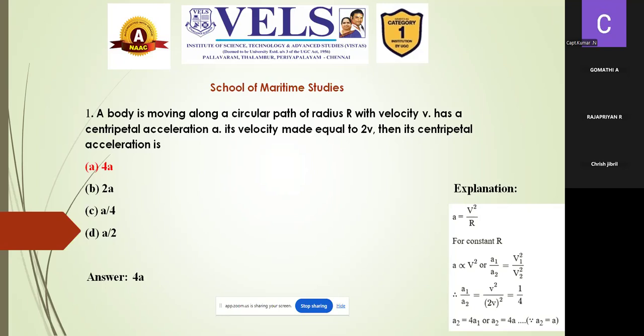So a2 is equal to (2v) square by r. Now we find the ratio between a1 and a2. If we cancel the v square, a2 is equal to 4a1. So the answer is 4a, option A.